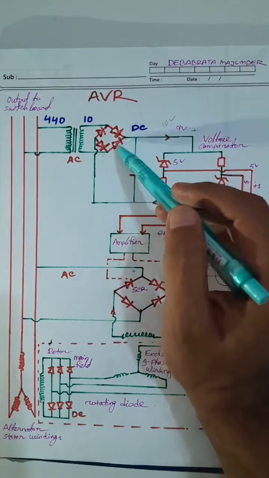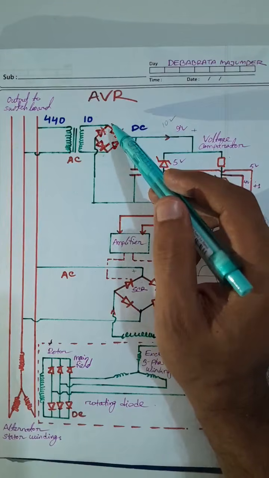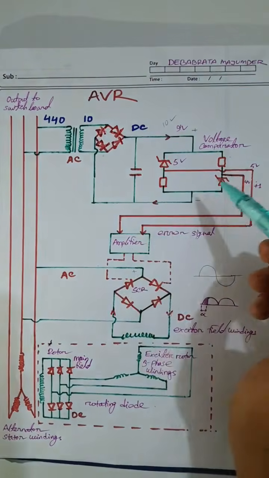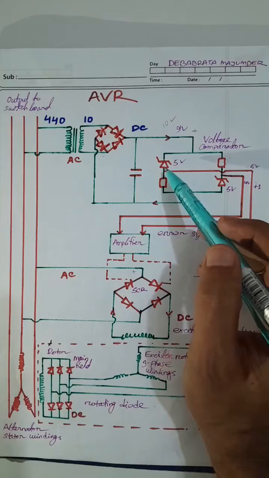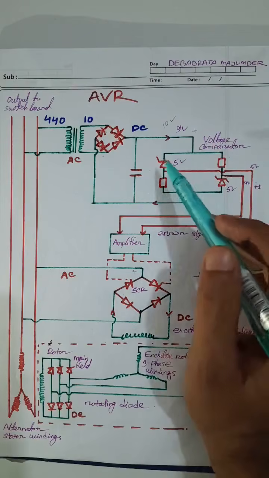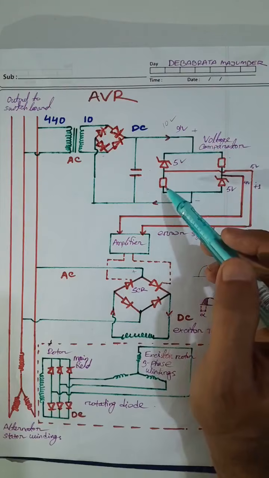This is the bridge rectifier, which converts the AC signal into DC. This is the voltage comparator, which consists of a Zener diode and a resistor.